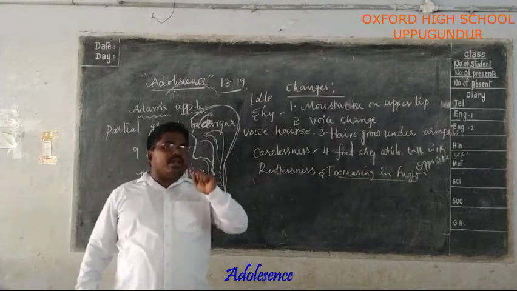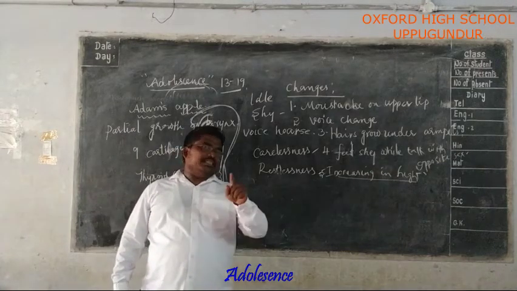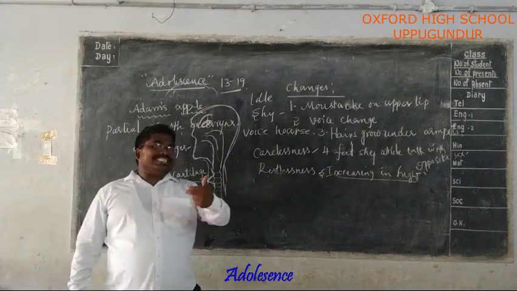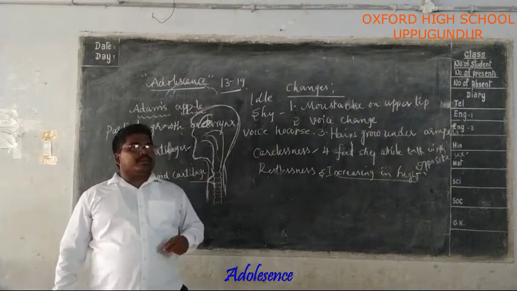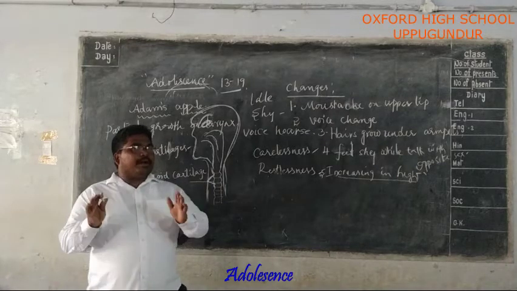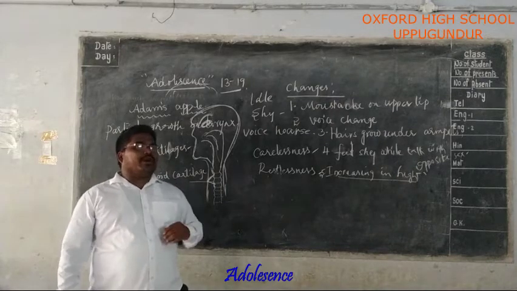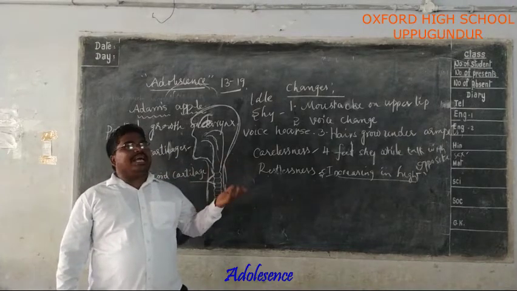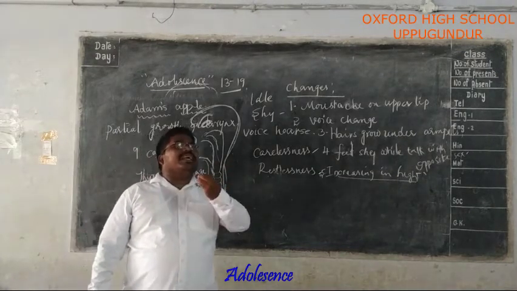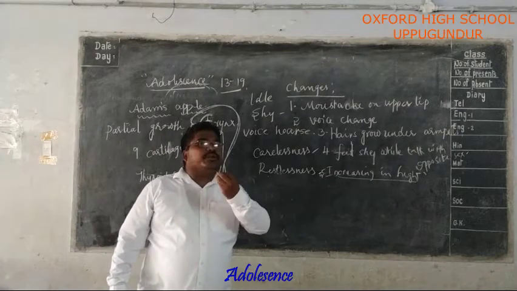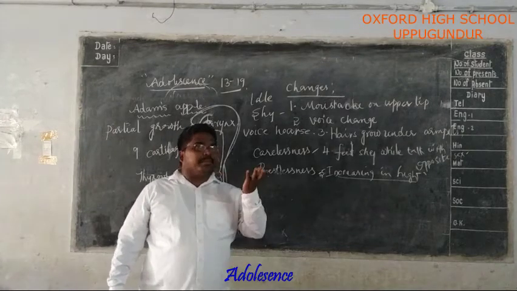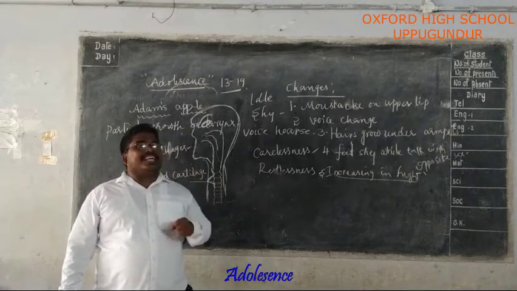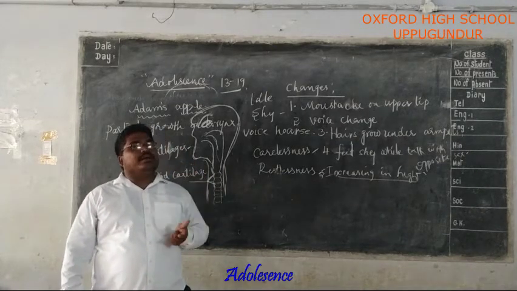Dear students, you can follow your textbooks. If you follow, you can clearly understand the explanation. Adam's apple is made up of thyroid cartilage, one of the 9 cartilages of the larynx. When this cartilage protrudes out in front of the neck because of male hormones, the attached muscles become thickened and loosened.